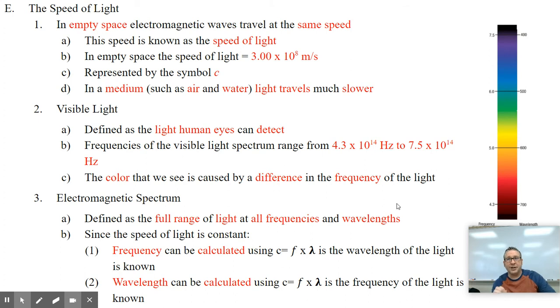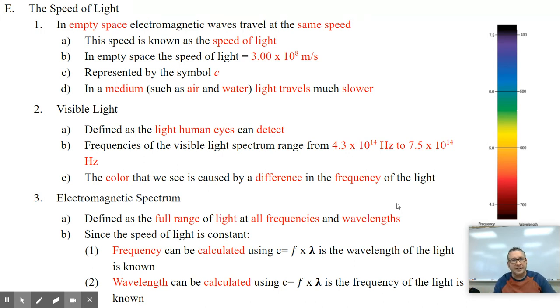Now, we mentioned that light itself was also a wave. And so we can talk about the speed of light and the speed of light through mediums. In empty space, the electromagnetic waves travel at the same speed, no matter what type of electromagnetic wave they are. In space, which is a vacuum, they will travel at the same speed.